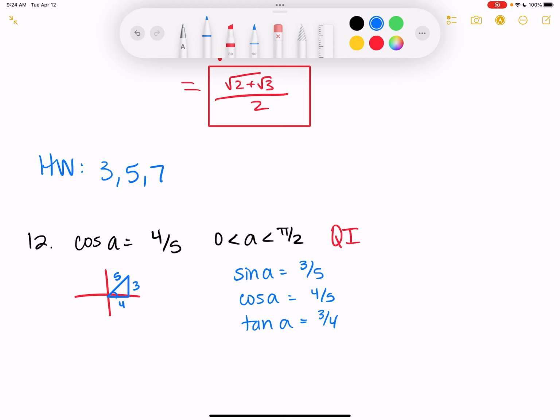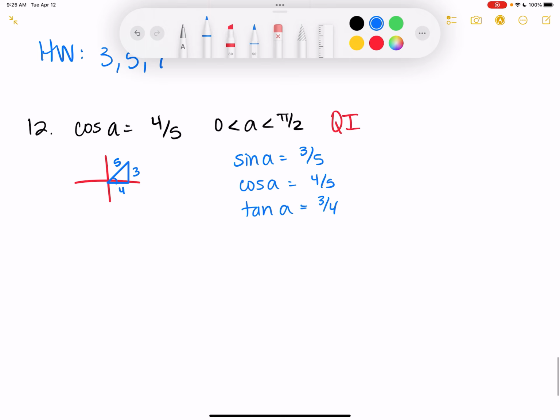So we're going to start with sine of A over 2. How much space do we need? Probably 8 lines, depending on if you write sideways or down. So, all right, sine of A over 2. Okay, what's the formula for sine of A over 2?